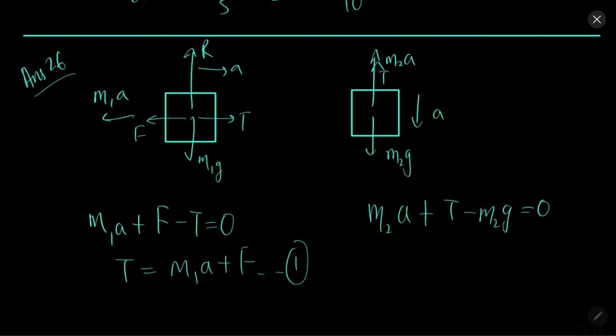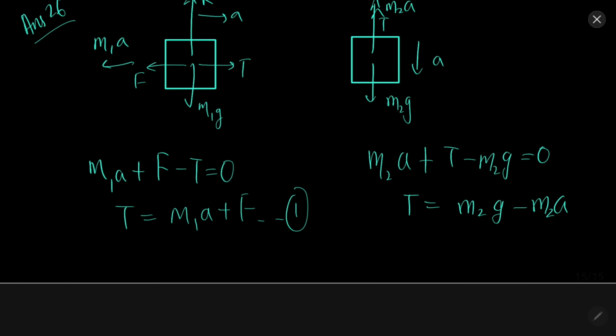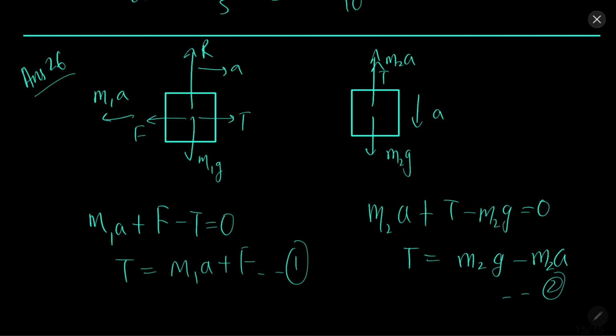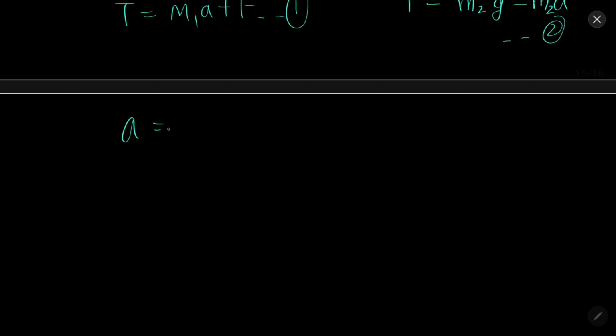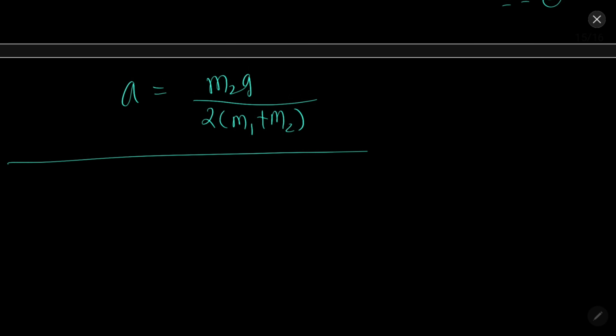So you can find T, it will be m2g minus m2a. By these two equations you can find the acceleration, which will come out to be m2g over 2 m1 plus m2. This will be the acceleration that we will have, and it will be towards the right.